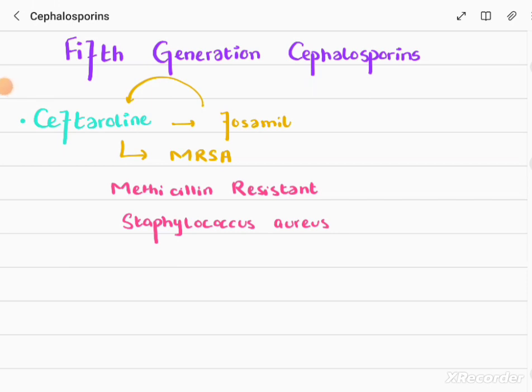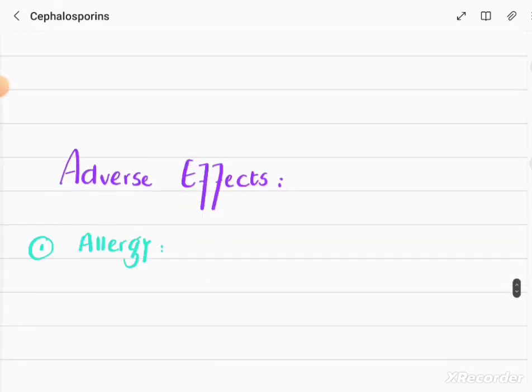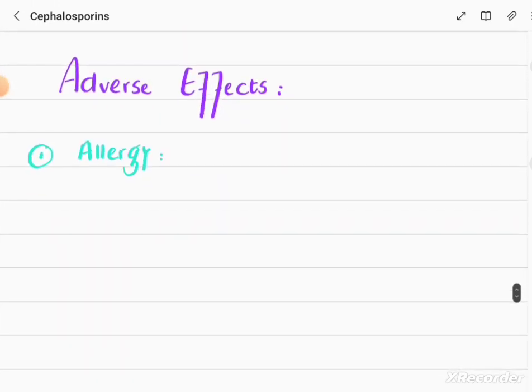Now all these drugs, because they have a number of clinical uses, have some adverse effects as well. So we will discuss them one by one. The first and the most common adverse effect of cephalosporins is usually allergy. They are sensitizing, and they may elicit a variety of hypersensitivity reactions, identical to those of penicillins.